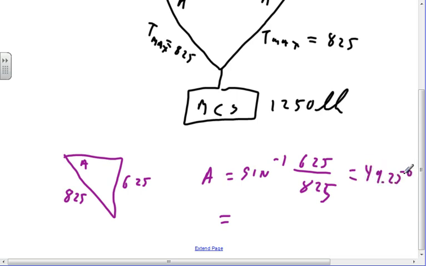49.25 degrees. Now, what does the question ask? How many significant digits do we have? Not as many as I'm keeping, right? So I can't keep all of those. At what angles are the cables unsafe? Okay, now, if that angle's bigger, will it still be safe?